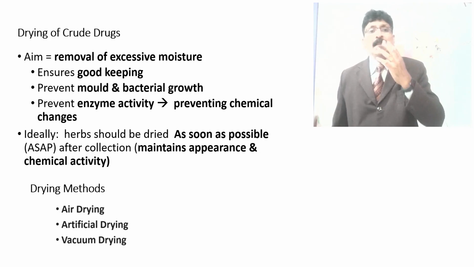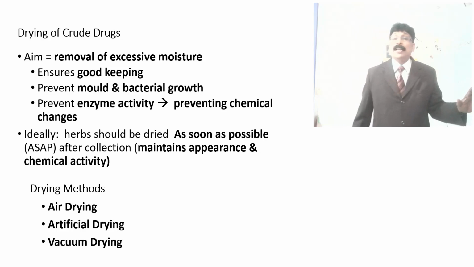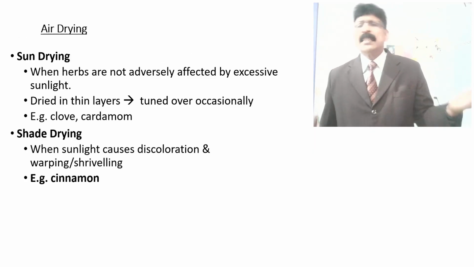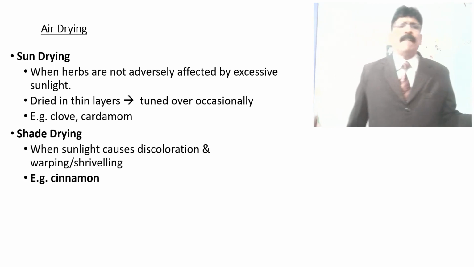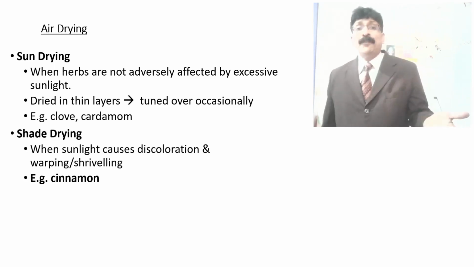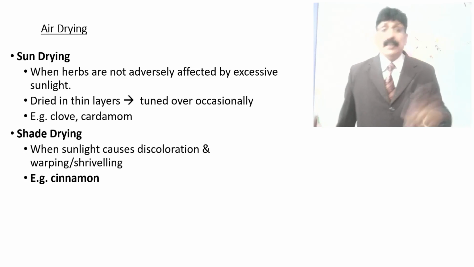Drying methods like air drying, artificial drying, vacuum drying; the drying techniques whichever you have studied in pharmaceutical engineering can be applied. Air drying, simply sun drying, when herbs are not adversely affected by excessive sunlight, dried in thin layers.